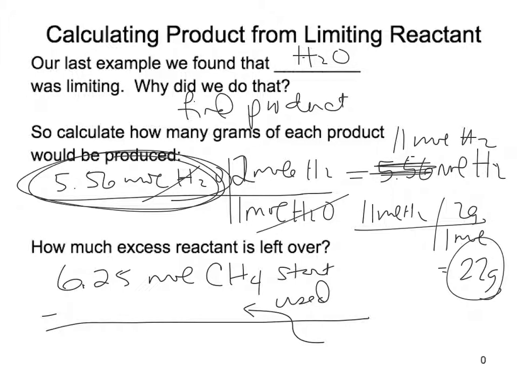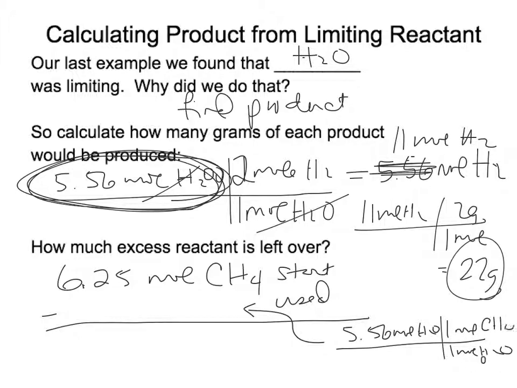So, that's water. We're going to take our limiting reactant of water, 5.56 moles of water, and we are actually going to use it to realize that for every 1 mole of hydrogen, we need water, not hydrogen, water. We're going to need a mole of CH4.